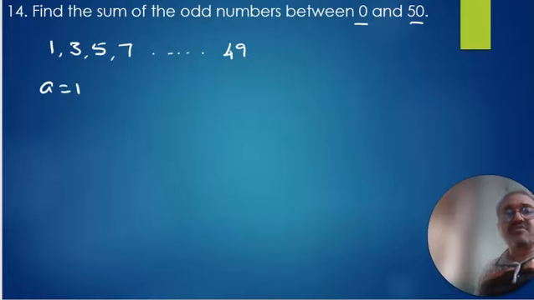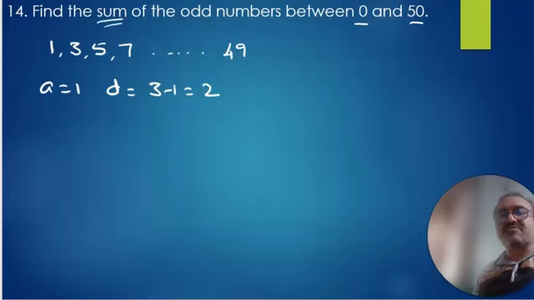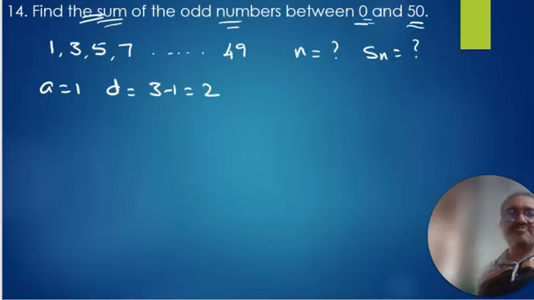Therefore, a is equal to 1, d is equal to 3 minus 1, that is 2. Okay, find the sum. ఇవి మొత్తం ఎన్ని నెంబర్స్ వి డోంట్ నో. n అనేది మనకి తెలియదు. అది n కనుక్కున్నాక Sn అనేది మనం ఫైండ్ అవుట్ చేయాలి. బికాస్ సమ్ ఆఫ్ ది odd numbers between 0 and 50 కనుక్కోవాలి.